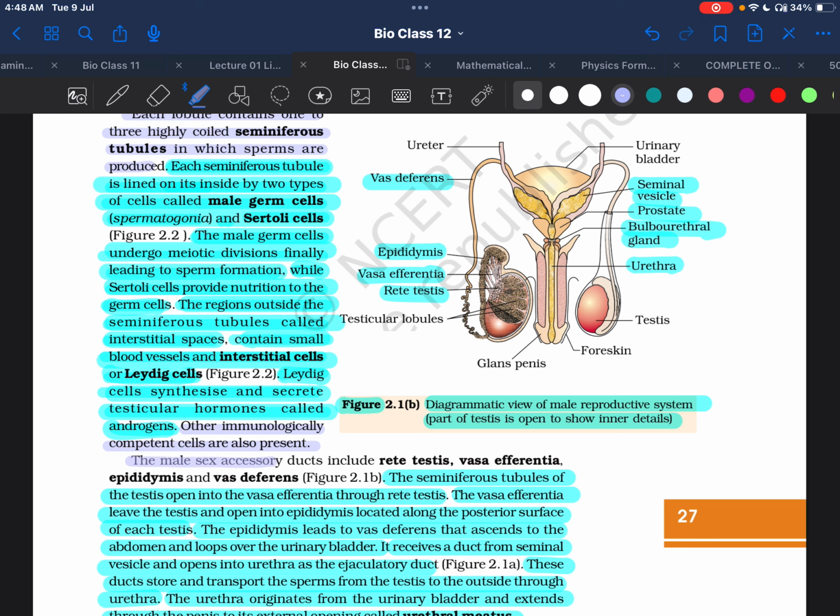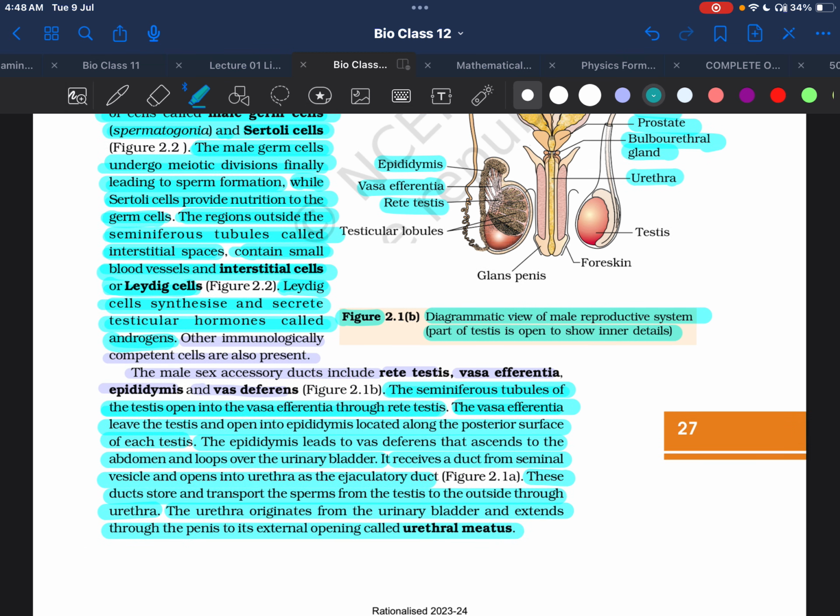The male sex accessory ducts include rete testis, vasa efferentia, epididymis, and vas deferens. The seminiferous tubules of the testes open into the vasa efferentia through rete testis. The vasa efferentia leave the testes and open into the epididymis located along the posterior surface of each testis.